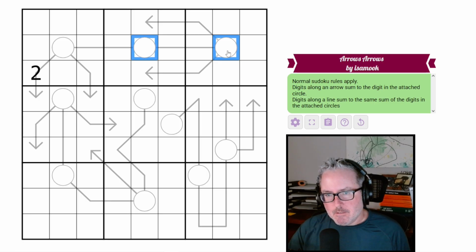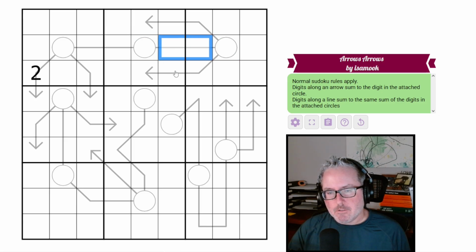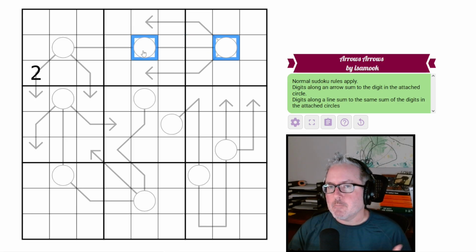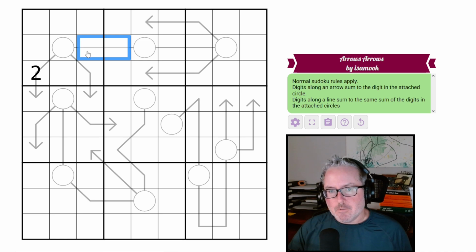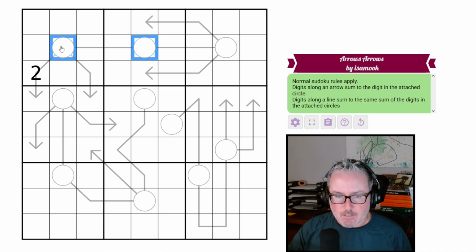Then these two here, we have two circles. There's no arrow, there's a line between them. Whatever the value of these two circles is, these two digits here will have that same value. Whatever these two circles are, add them together, you get a value, and these two digits will add to that same value. And that's going to happen throughout these things.